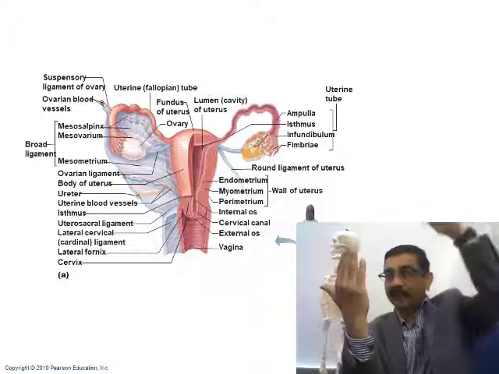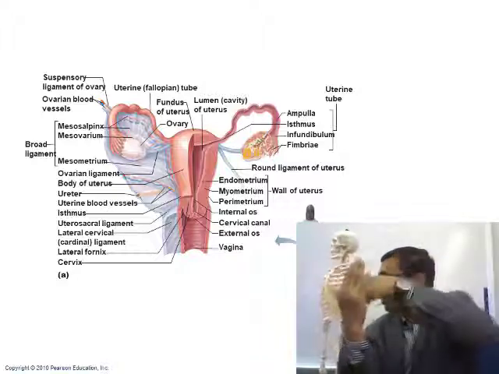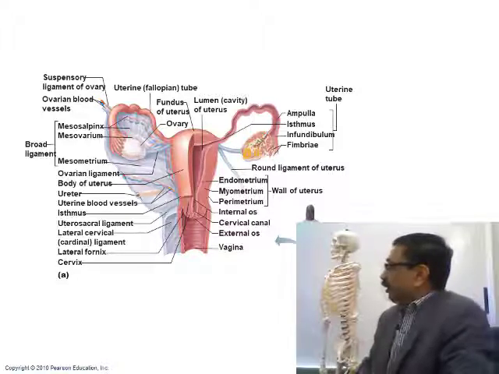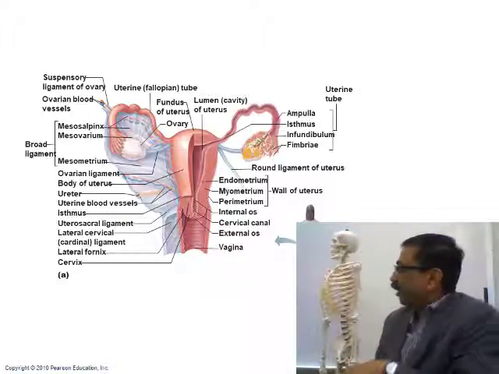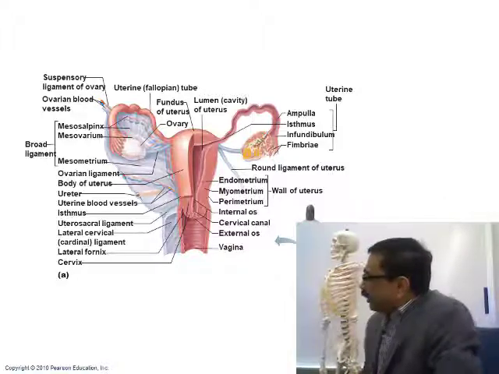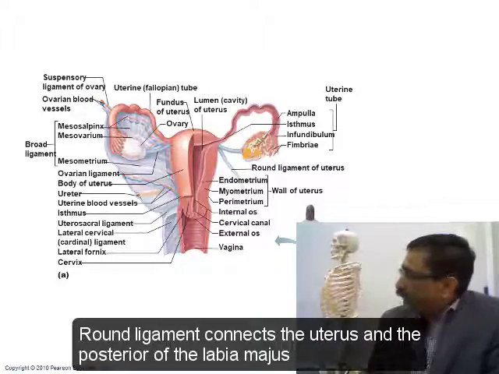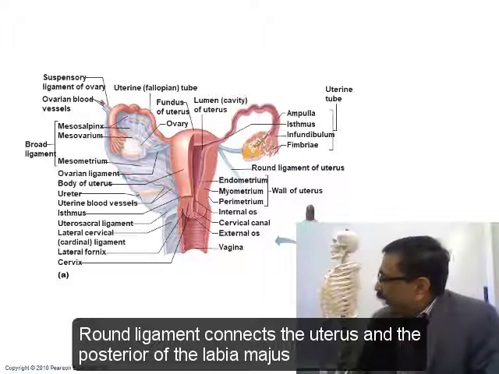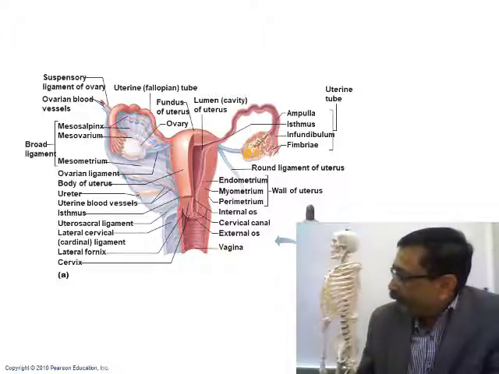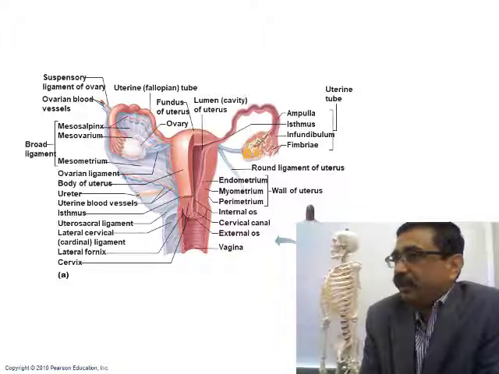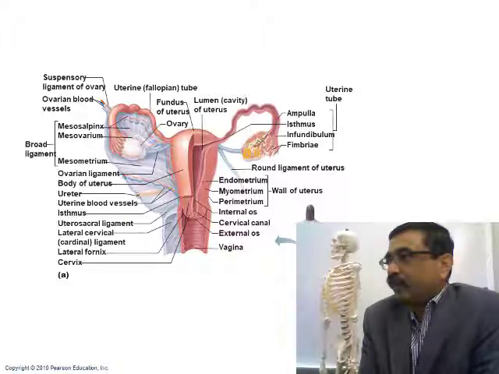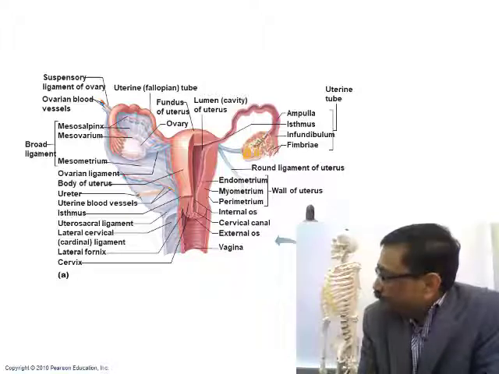So it goes from the uterus to the back of the female genital part, labium majus. So those are the important ligaments and they help to keep the reproductive organs in the right locations in the body. Otherwise they will move a lot.